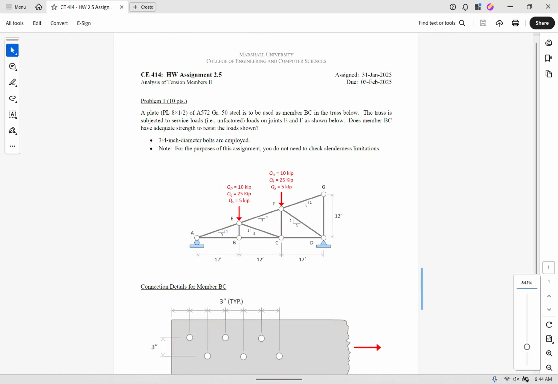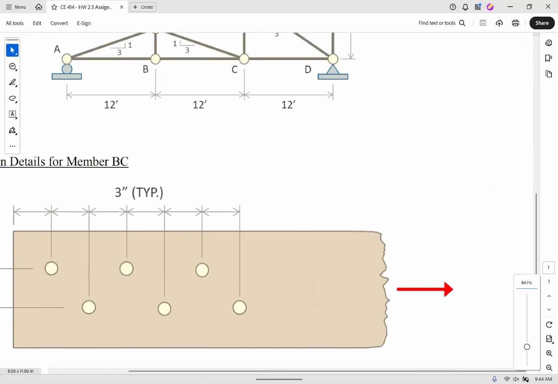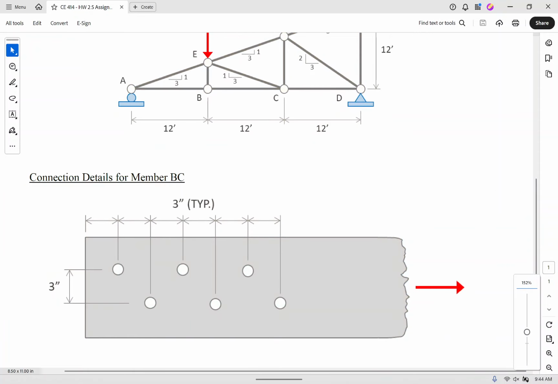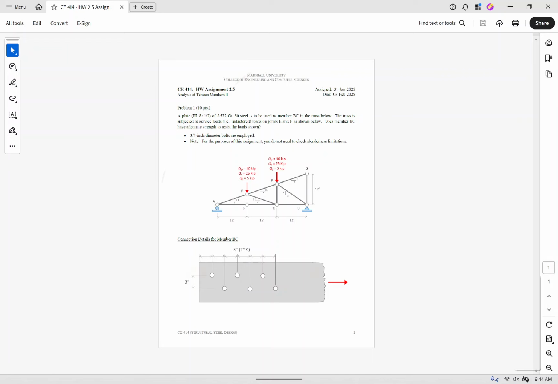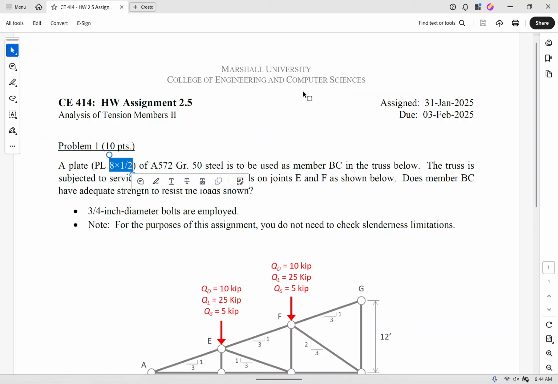Okay. Now, the other thing I was going to say is when it comes to the member, this member is a plate, okay? So instead of it being an angle, a channel, or a W section, it's just a plate that has a width of 8 inches and a thickness of 1/2, okay?